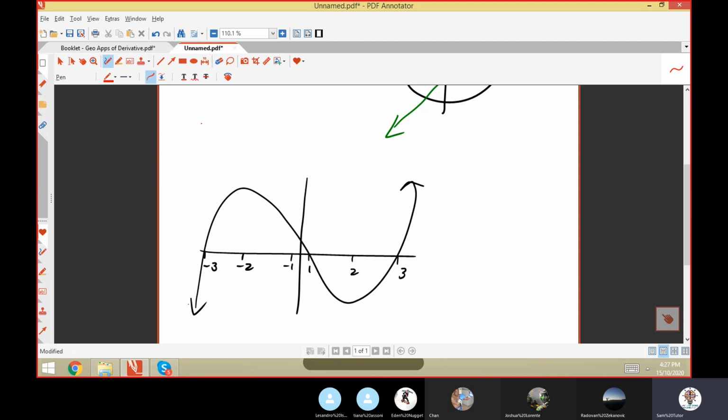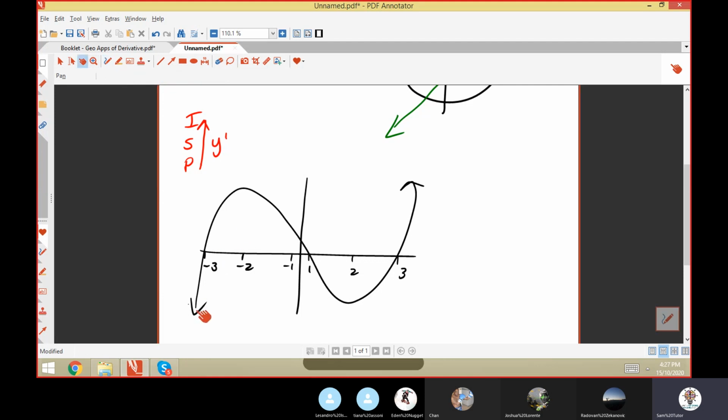What's the acronym? ISP. Intercepts, stationary points, points of inflection. If we're going to go up, it is differentiating. If you go down, it's integrating. True? So points of inflection become stationary, stationary become intercepts.